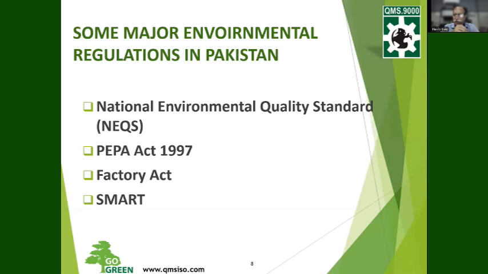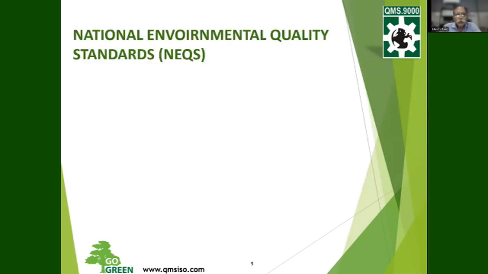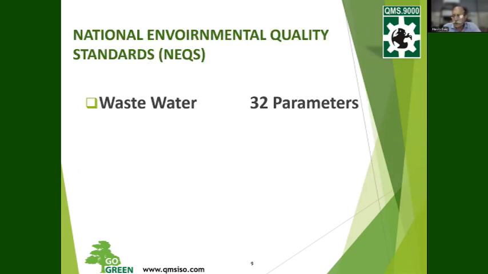Then we have Factories Act 1934, in which there are various aspects related to wastes, hazardous waste, and other things are defined. Similarly, smart self-monitoring and reporting system. NEQS, what is NEQS? In NEQS, the requirements for wastewater discharge are defined. There are a total of 32 parameters that are covered in NEQS.